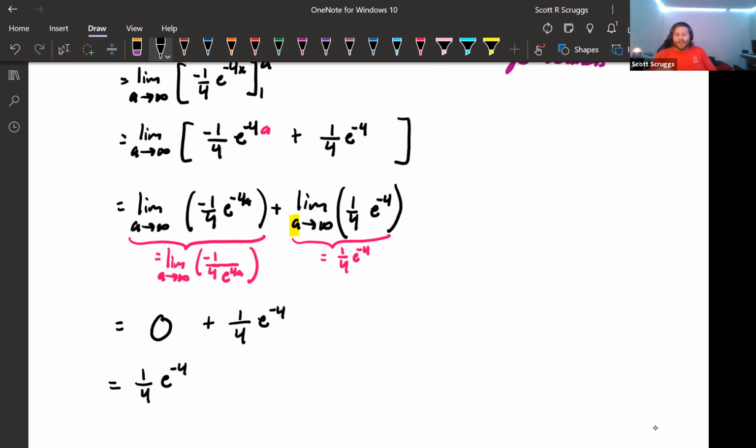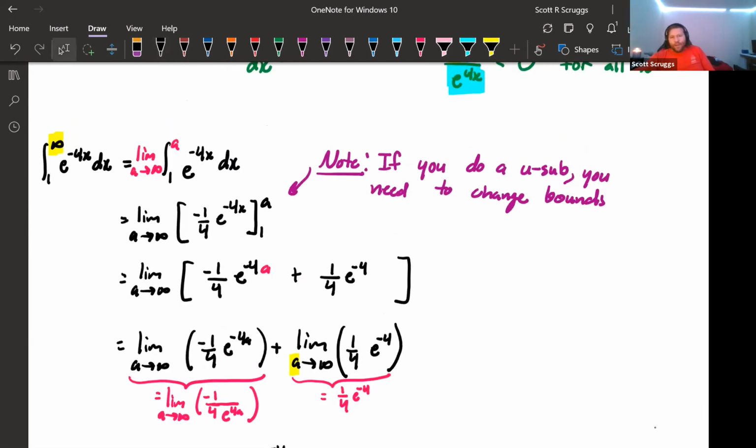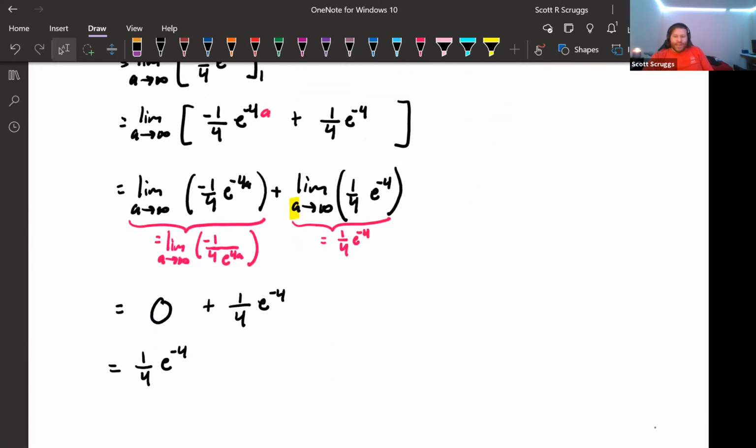So let's summarize. My improper integral that I just formed, we did all of our work and we concluded that I get to a finite number.